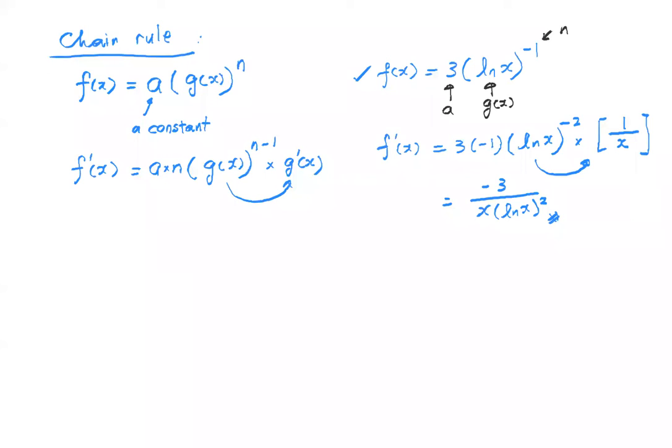Okay, anyone, have you tried the questions in your textbook? Exercise 2B. So how many questions you want to do? I leave it to you. You are matured enough to know how many questions you need to do. Yeah, you look at exercise 2B.